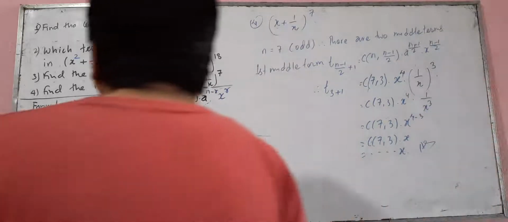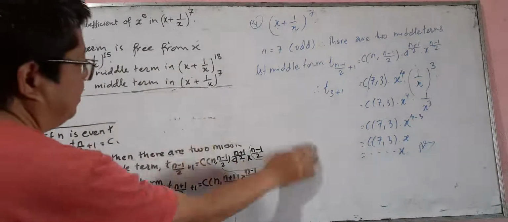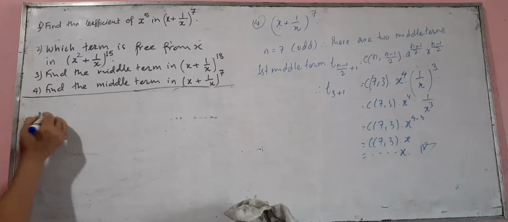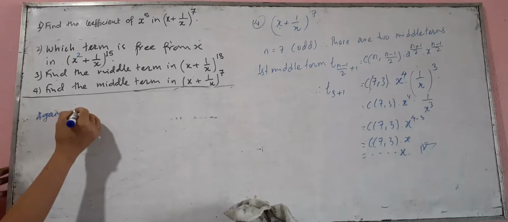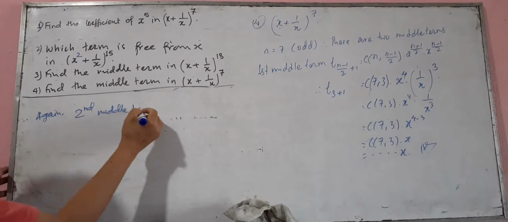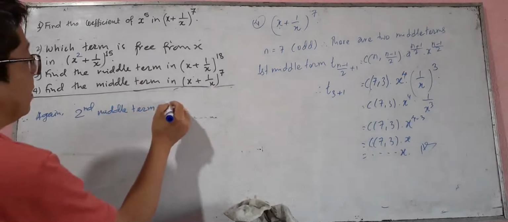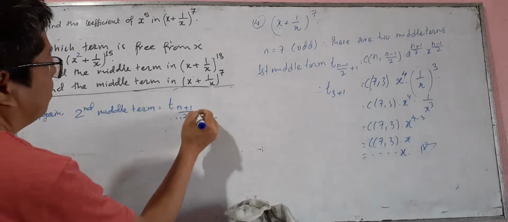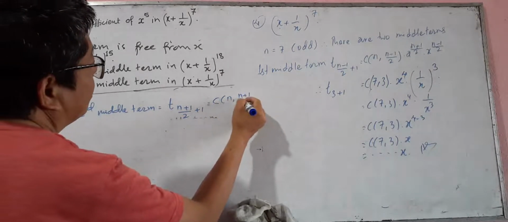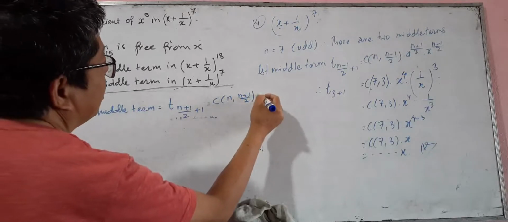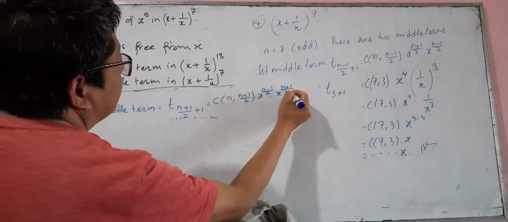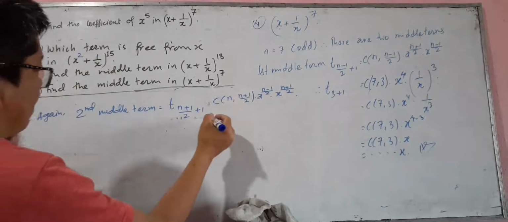Now we have a second middle term here. Again, second middle term. It is given by T(n plus 1 by 2 plus 1), and this is equal to C(n, n plus 1 by 2) times a to the power n minus 1 by 2 times x to the power n plus 1 by 2. Okay, remember this formula.